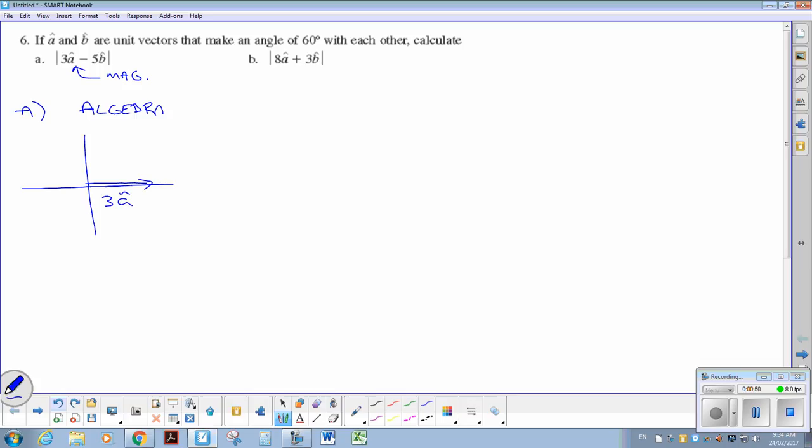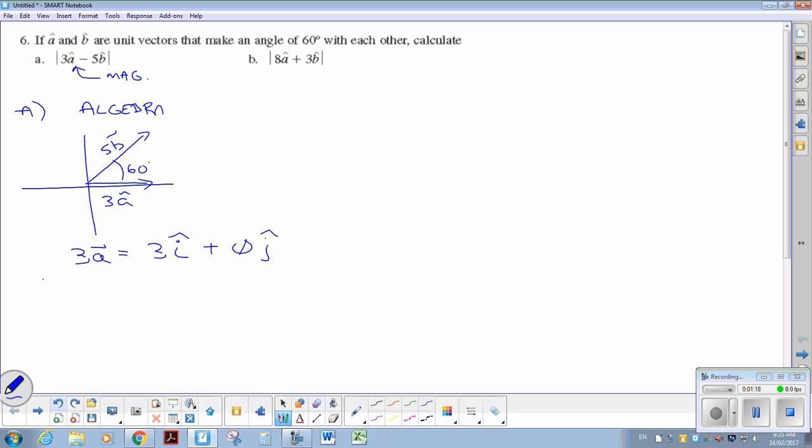And the B vector, I'm going to put up here, 5B, and they're at an angle of 60 degrees to each other. When you do it algebraically, we do the stacked method. So 3A would equal 3i, because it's 3 units long, plus 0j.